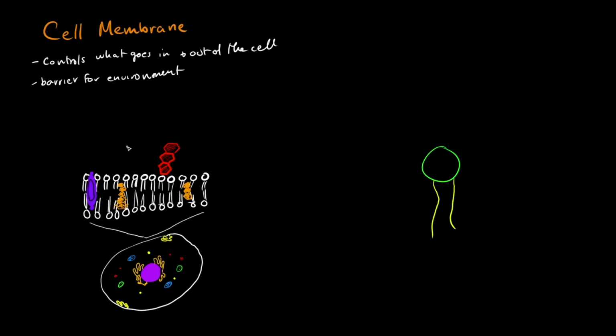Now, one thing to know about the membrane is that it is semi-permeable. I'll write that right here, semi-permeable, which means that only certain types of materials can pass through.